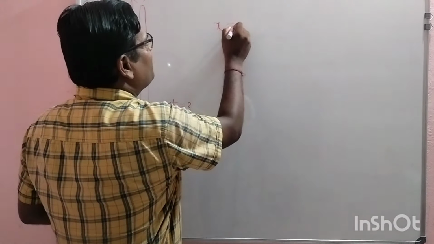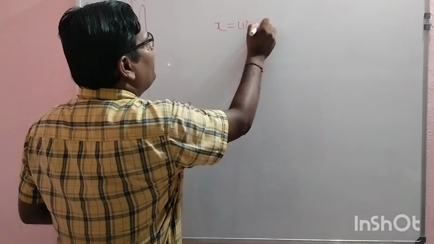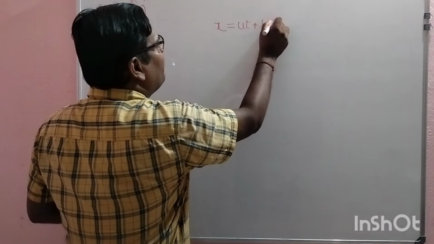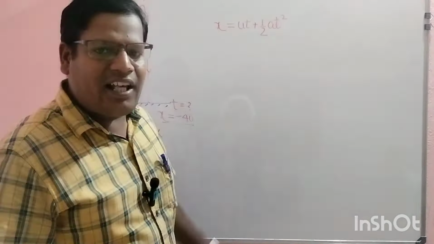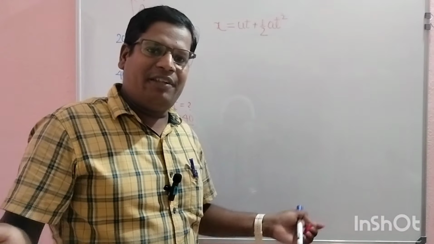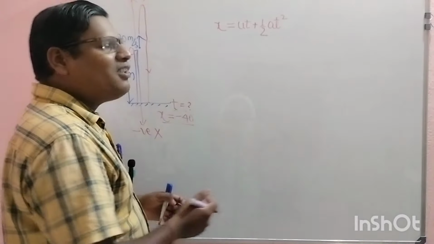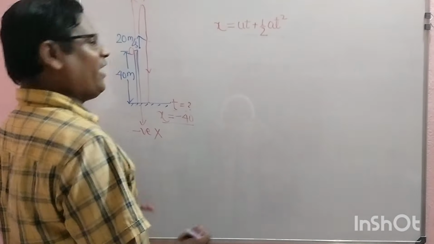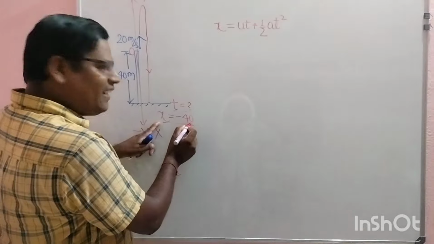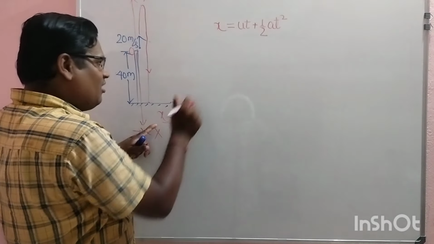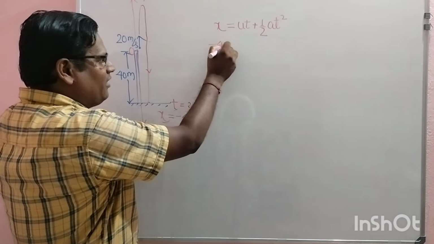Now let's use the equation x = ut + ½at². How did I know to use this equation out of so many equations in physics? For that we will see another video. That's not the point now. The point is whether g is positive or negative. So x is -40, and you should put x as -40.